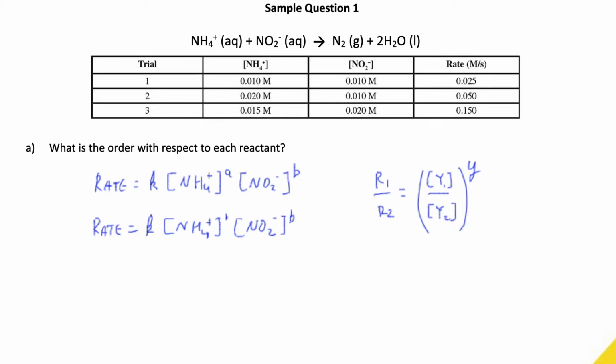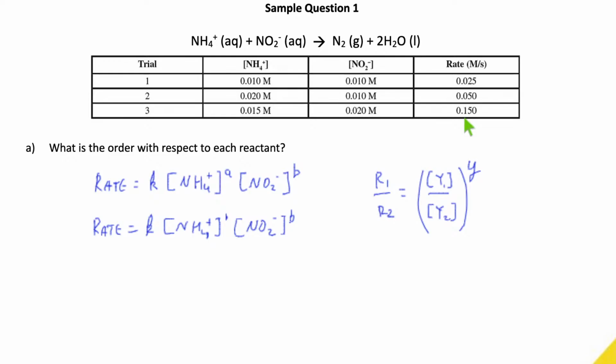Okay. Now, they were not very nice here because they did not keep the concentration of ammonium the same. Oh, but they did double this one. And they gave me a new rate. Now, what do I do here?